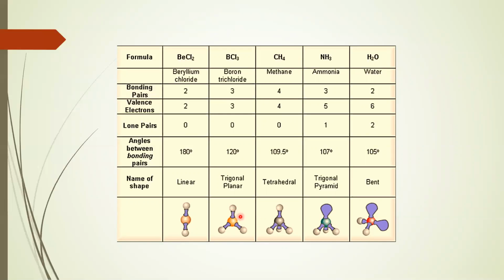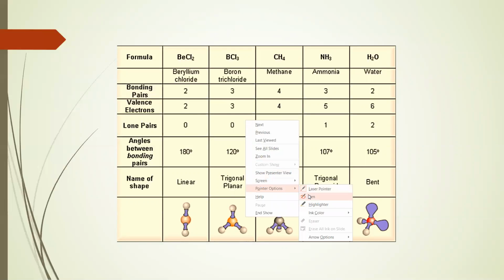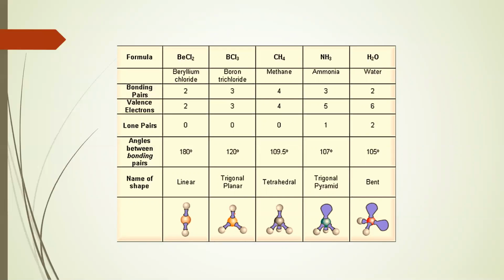You can see this angle is formed by Cl, B, Cl. Again Cl, B, Cl. All these angles are 120 degrees. This is the way the angle is formed. I hope it is understood and clear to you.